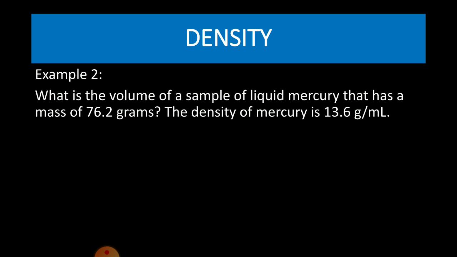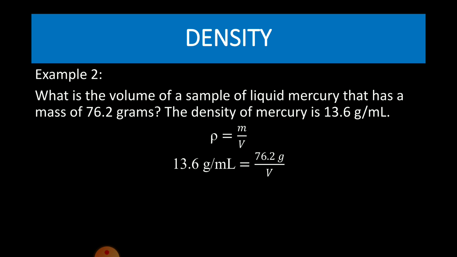So the given are mass and the density. So substituting now density and the mass, so that is 13.6 grams per milliliter, which is the density, is equal to 76.2 grams, which is the mass, then divided by the volume, which is the unknown quantity.